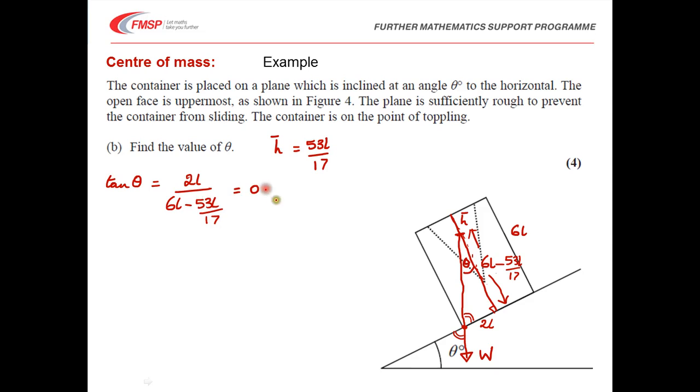We're left with 2 over 6 minus 53 over 17, which is about 0.6938, etc. And your calculator then can give you a value of theta, which is 34.75, and I'm going to round that to 3 significant figures for the time being. So 34.8 degrees to 1 dp, or 3 SF.